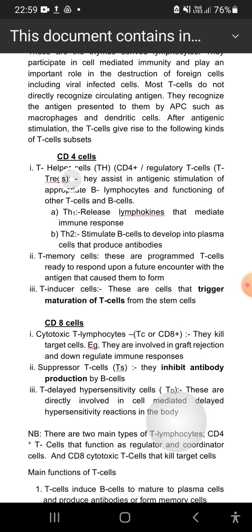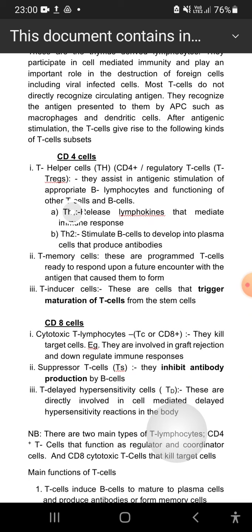So T helper cells normally help in antigenic stimulation of B cells to produce antibodies, and other functions. They also group T helper cells into two groups: T helper 1 and T helper 2.